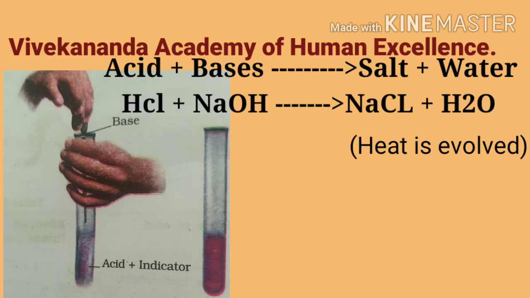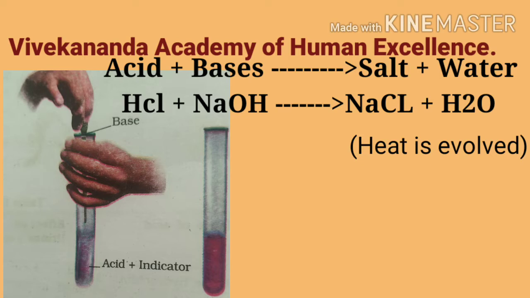Here we will take one test tube and fill 1/4 of it with dilute hydrochloric acid. Noting its color, it is colorless. We will add some drops of phenolphthalein indicator, which is also colorless.